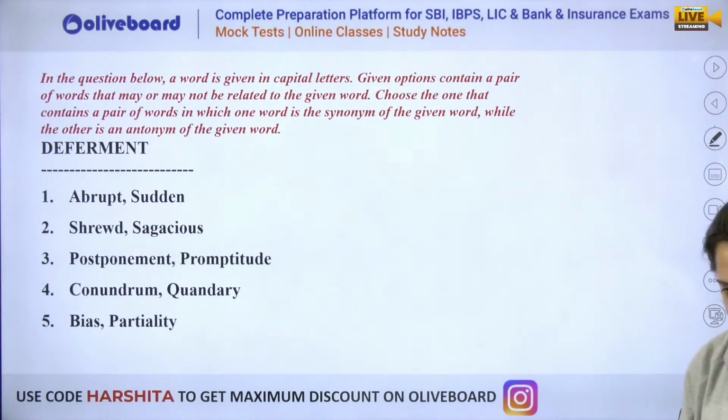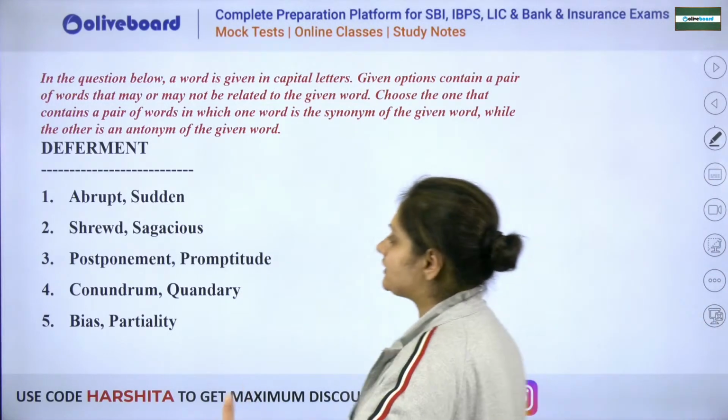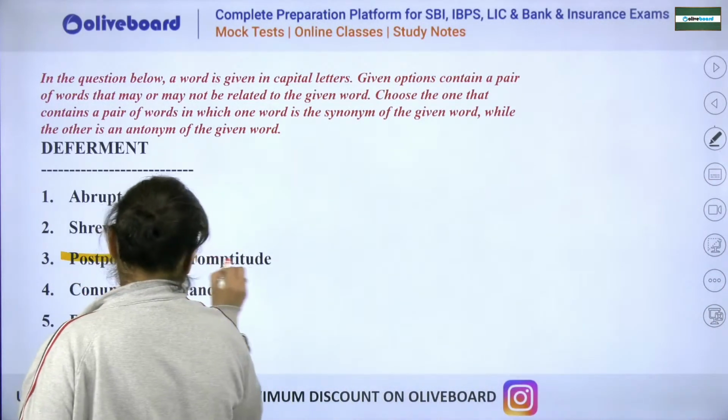All of you are answering 3. What does it mean? Gargi, can you tell me what does this mean? Action or fact of putting something deferred. Deferred payments. For example, you will do something for a later time. You are postponing something. Okay.